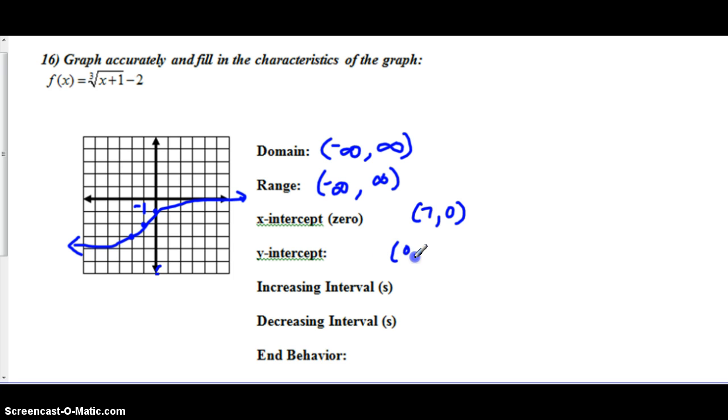So that's 0, -1. And for this graph, for increasing and decreasing, we're starting our roller coaster and seeing what's happening. Our graph from left to right would always be increasing. So for increasing, we're writing down the x values, so that would be -infinity to positive infinity, and there would not be any decreasing.